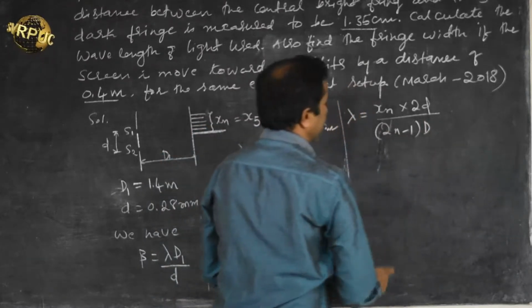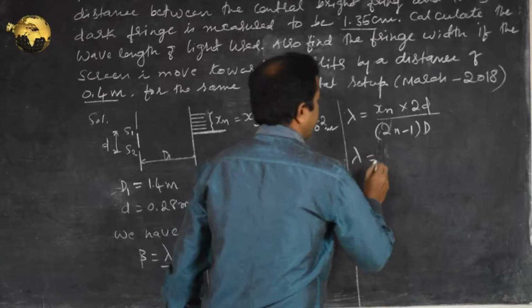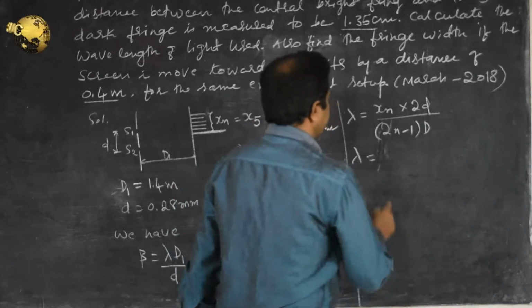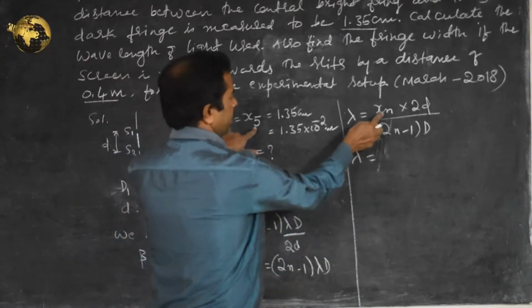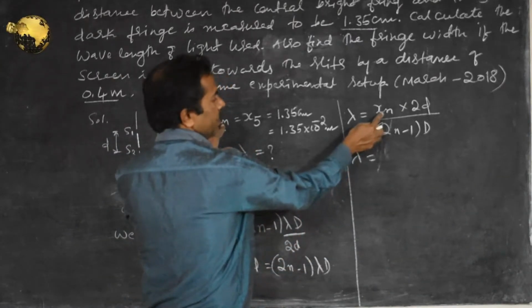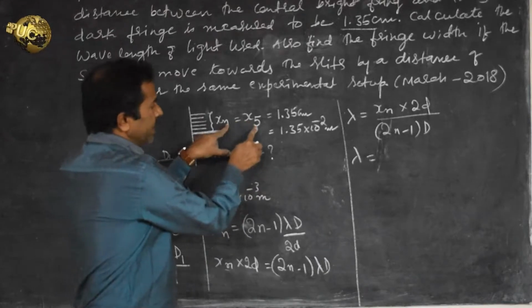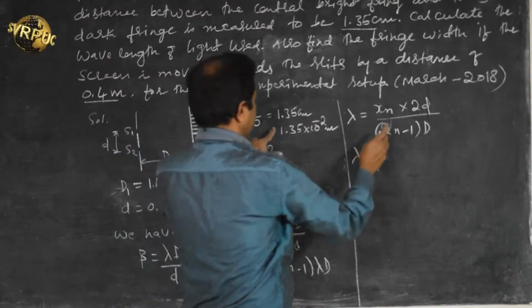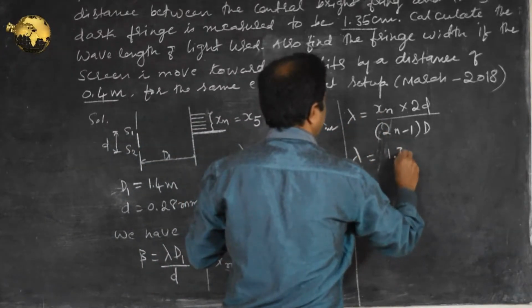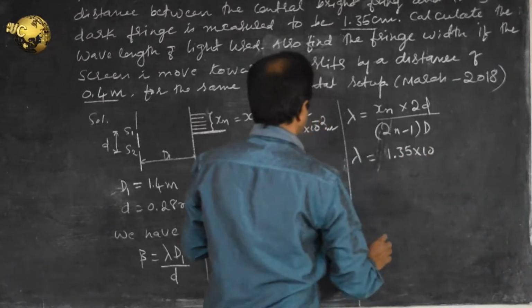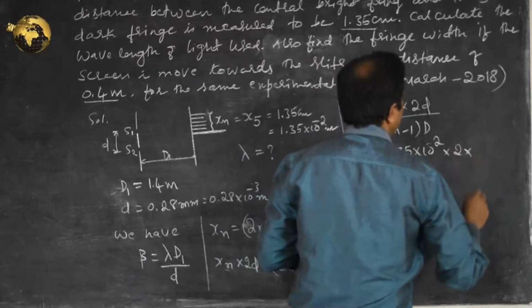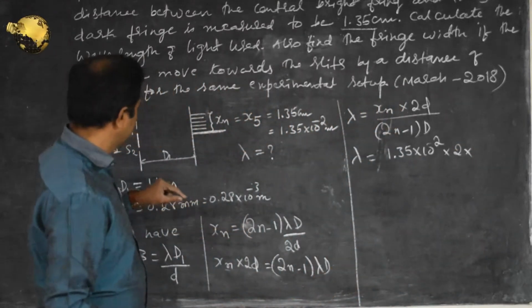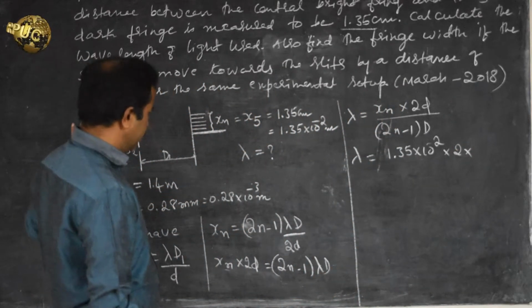into capital D. So xn is nothing but x5, the fifth dark fringe. The value of x5 is 1.35 into 10 to the power minus 2, into 2, multiplied with the distance between the slits, that is small d.